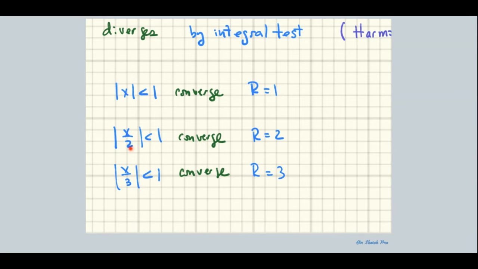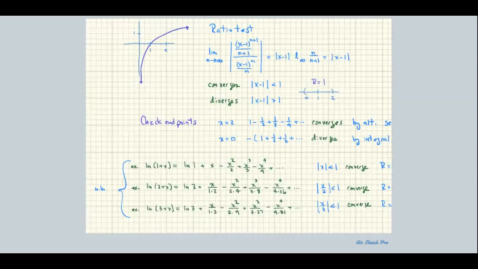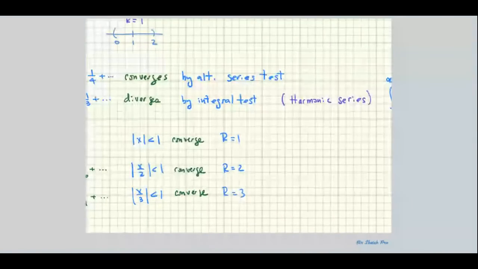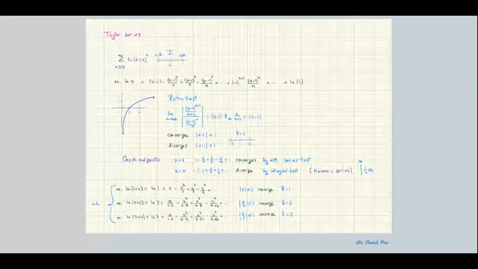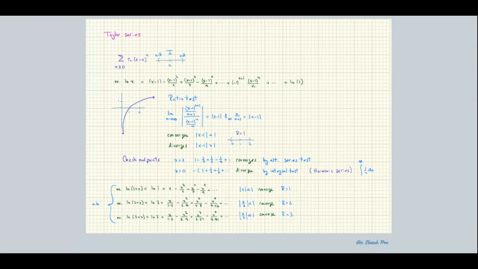That's why it converges more quickly. But then the radius is 2. For log of 3 plus x, it will converge depending upon the value of x over 3, and the radius will be 3, and that will continue on. So that's one of the unusual examples where the radius is not just 1 or infinity.